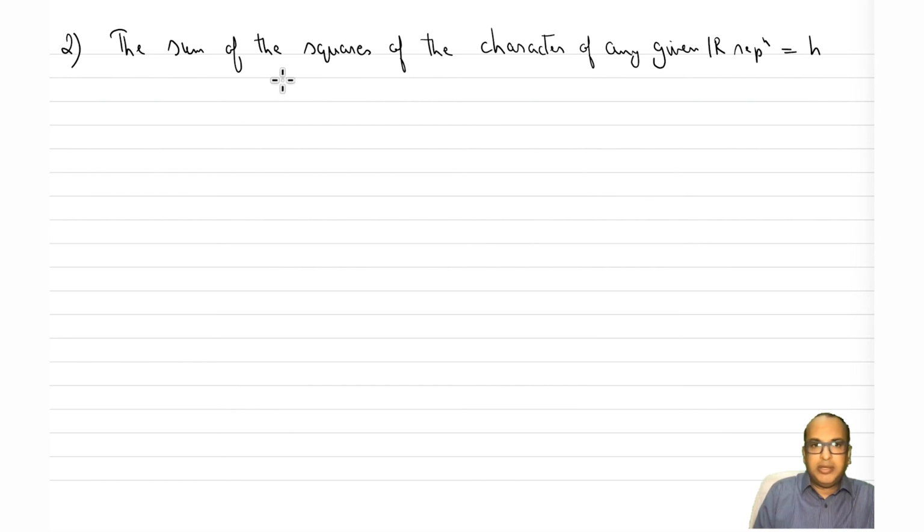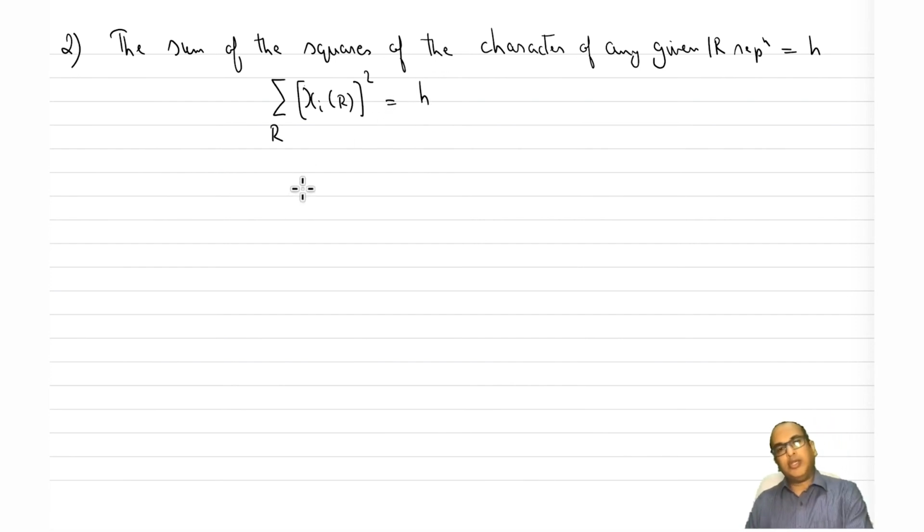Mathematically speaking, the sum of the squares, that is the character under any operation and the square of that under all operations, is equal to h. So if you are taking the trace of a matrix under a particular symmetry operation and we square it and take the sum over all symmetry operations, what we will get is h. So let us try to prove this one because the proof is straightforward.